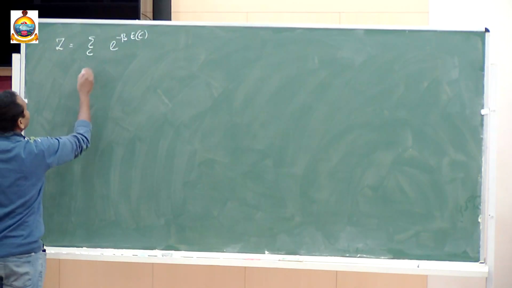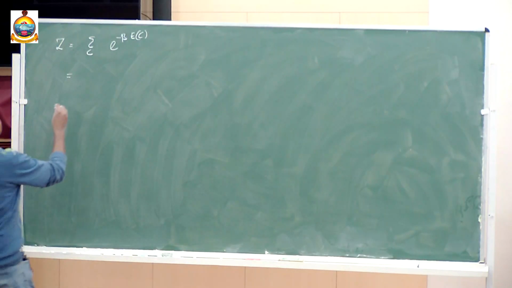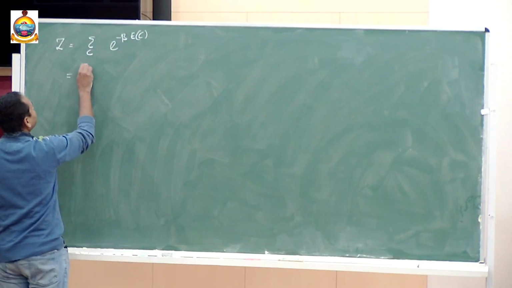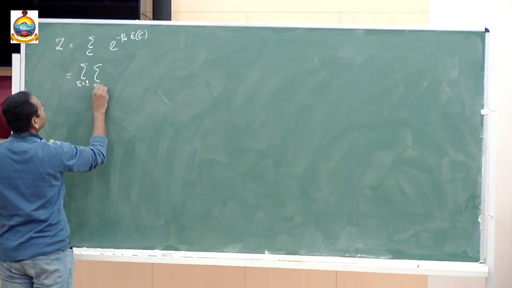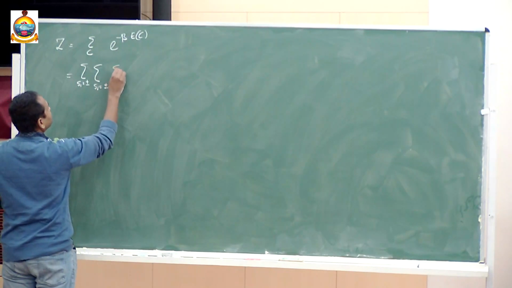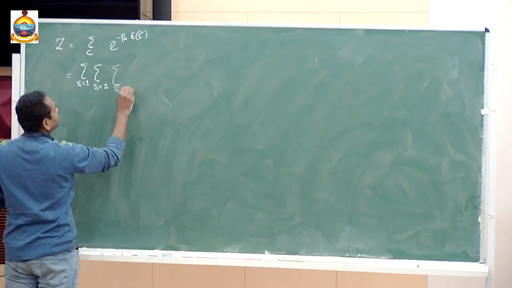So this is summation over C, and what do we mean by summation over all configurations? Each of S1, S2, S3, S4 can be plus or minus. So you take S1 equal to plus or minus, S2 equal to plus or minus, like that. So this sum is the same as the sum over S1 equal to plus or minus, summation over S2 equal to plus or minus, dot dot dot, summation over SL equal to plus or minus.